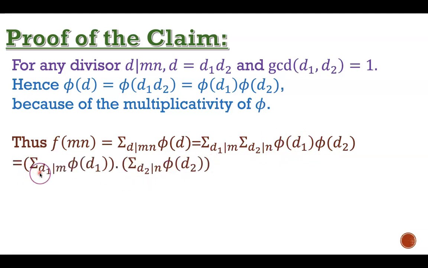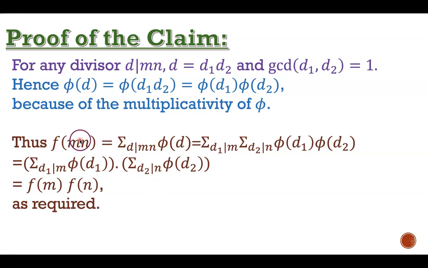which can be expressed as the summation over all d1 which divides m of phi of d1, into the summation over all divisors d2 of n of phi of d2. We can see that this function is in fact f of m, and this value is nothing but f of n. So this is equal to f of m into f of n using the definition of f itself.